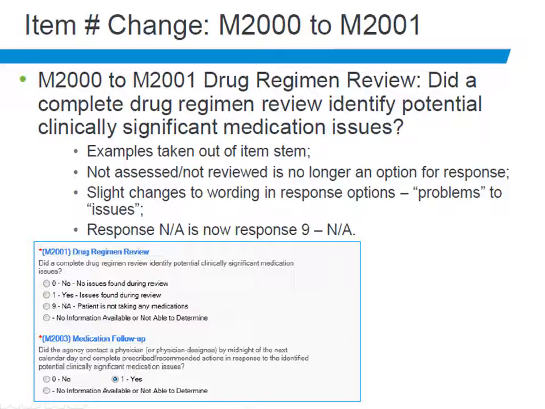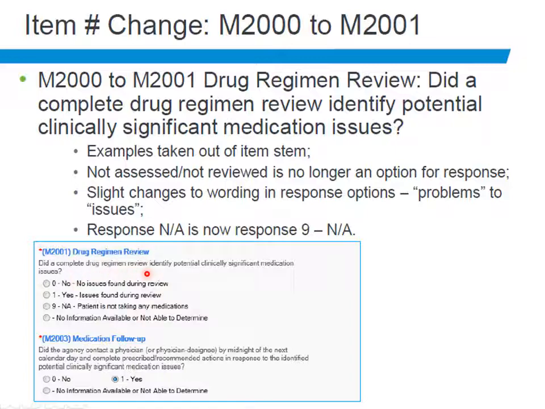So M2000 is now M2001, drug regimen review. What did change is that the examples of what a drug regimen review consists of are taken out of the question. So it's just, did a complete drug regimen review identify potential clinically significant medication issues?